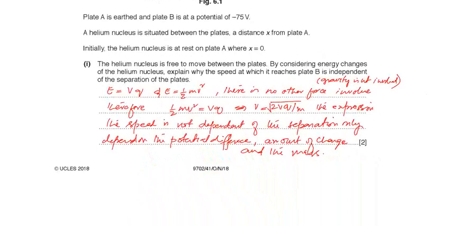So the expression shows the speed is not dependent on separation, only dependent on the potential difference, amount of charge, and mass, right? According to this expression, you can simply write v square equals 2VQ over m.